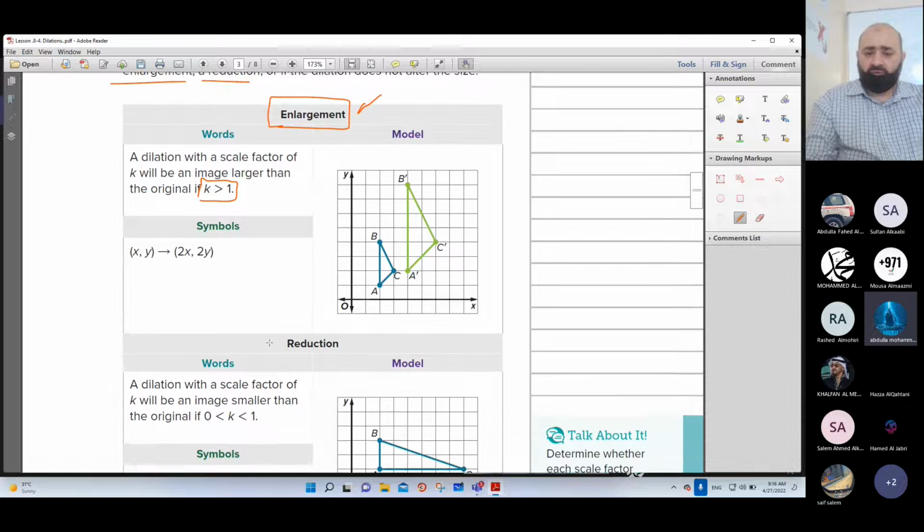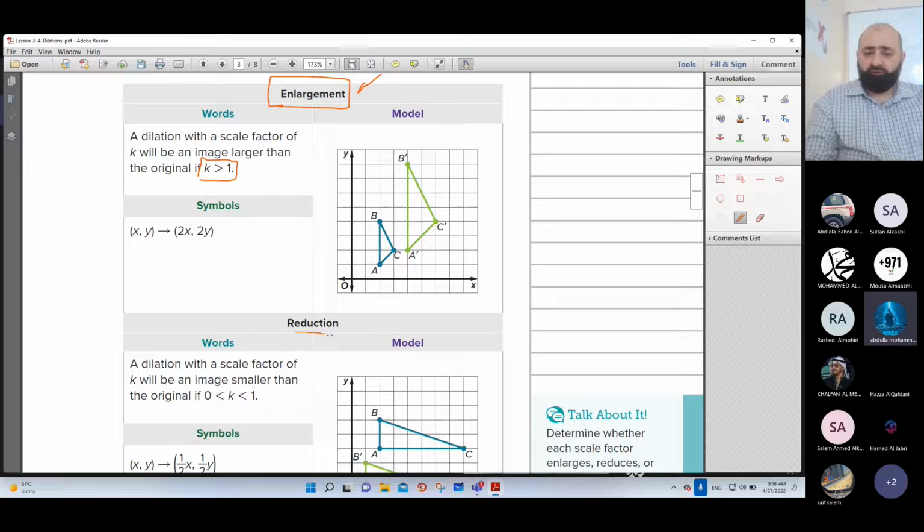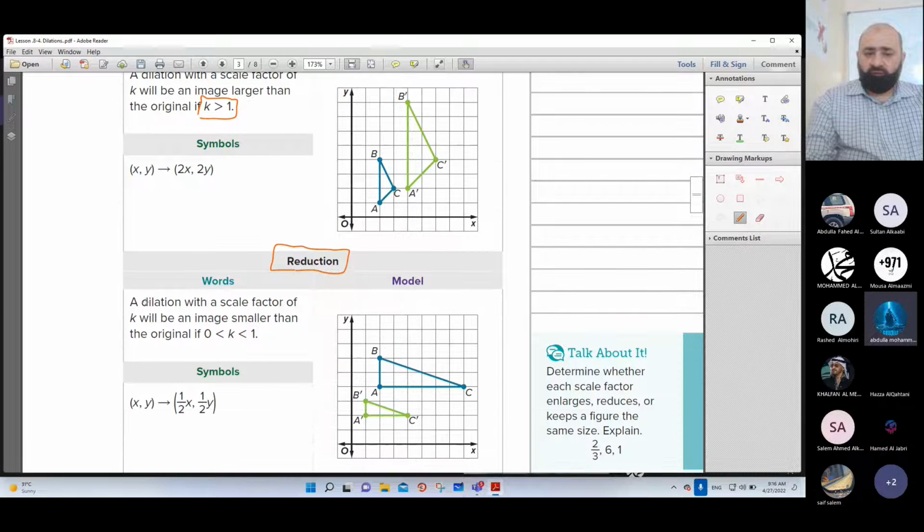The second case is reduction. What's the meaning of reduction? A dilation with a scale factor of k will give an image smaller than the original if k is between 0 and 1.